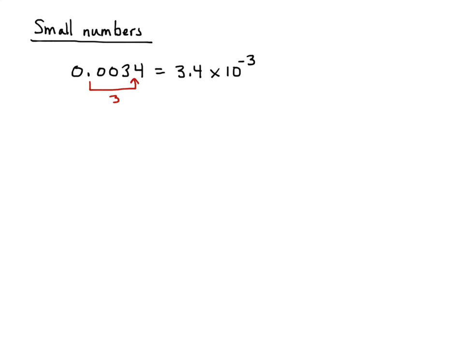So where this comes from is if we have 3.4 times 1 over 1,000 like that, that's where this comes from, where you have 3.4 times 1 over 10 to the third. Okay, and so then remember what happens when you have an exponent in the denominator and you want to bring it to the numerator, you change the sign of the exponent, and so that becomes then 3.4 times 10 to the minus third.